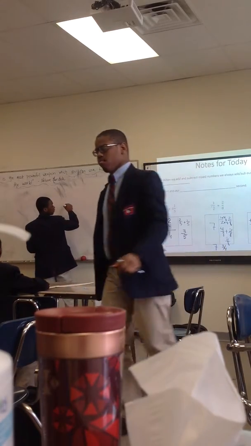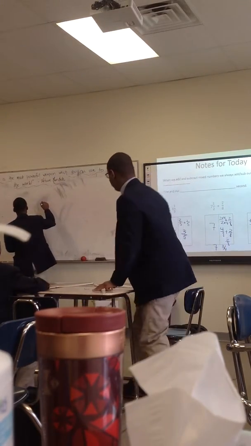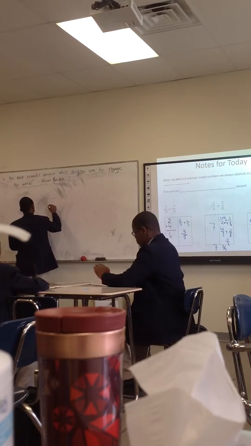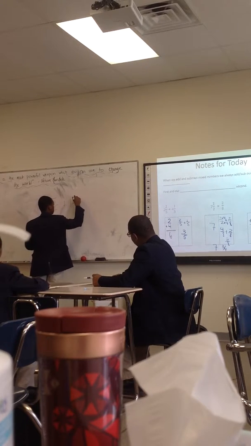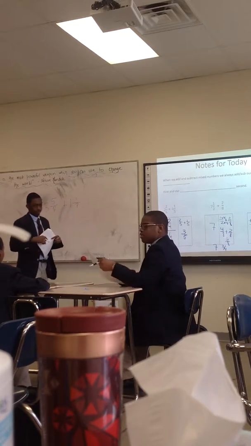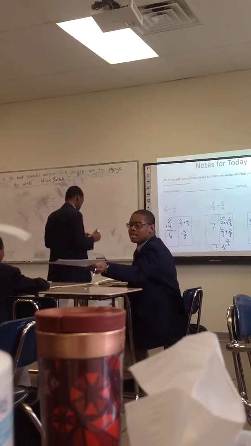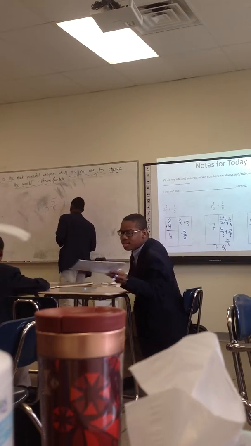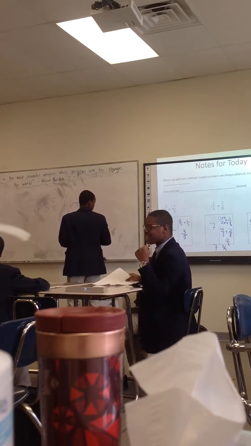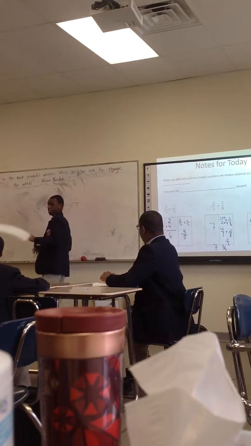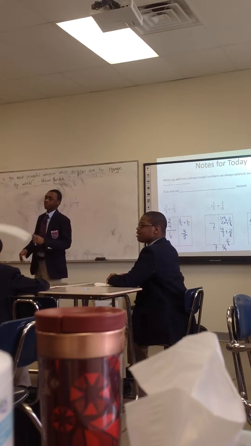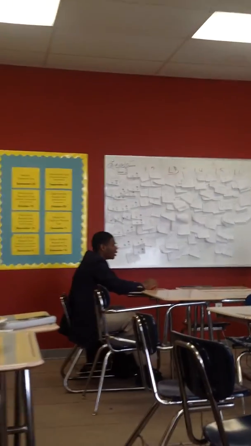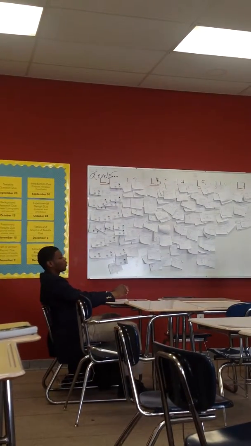So everyone's attention is on Nick at this point, following along, he's doing the first one on page 9: 3 and 5/7 plus 1 and 1/7. First step, you add 3 and 1.